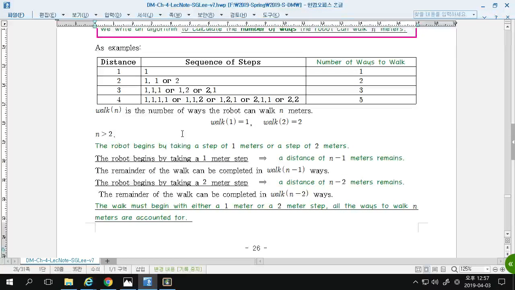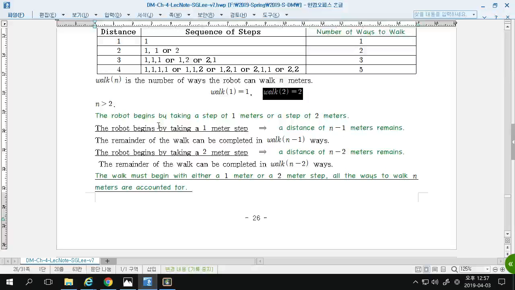The idea is this. Walk of 1 is 1 and walk of 2 is 2. We define these functions. Then when n is bigger than 2, the robot begins by taking a step of 1 meter or a step of 2 meters. If the robot begins by taking a 1 meter step, then a distance of n minus 1 meters remains.